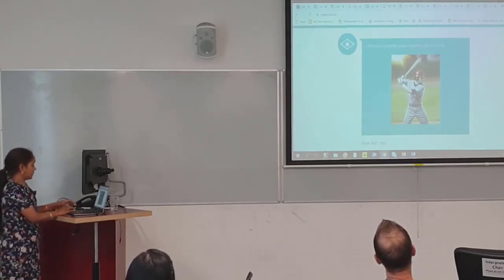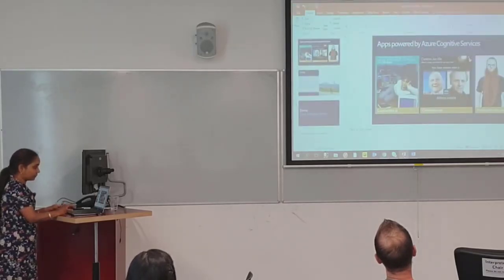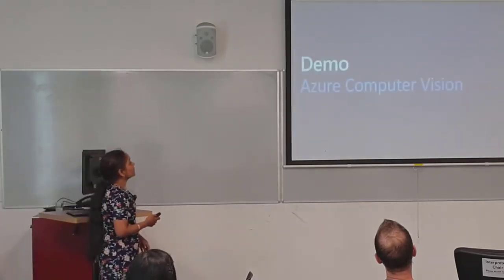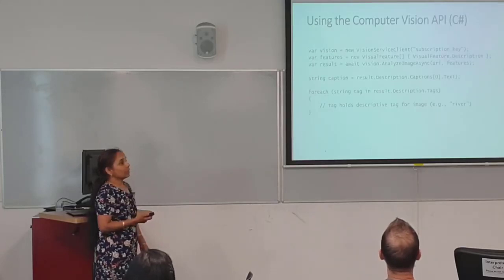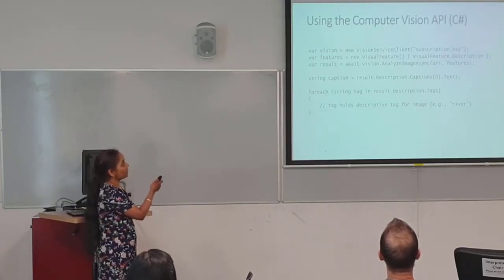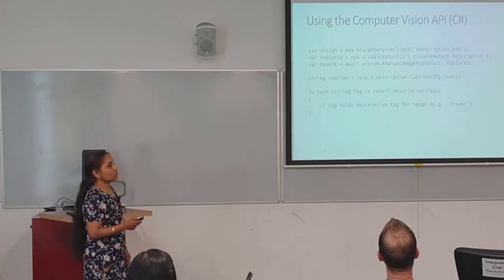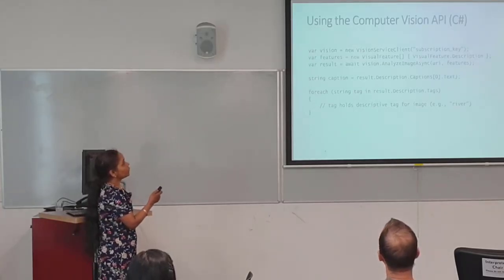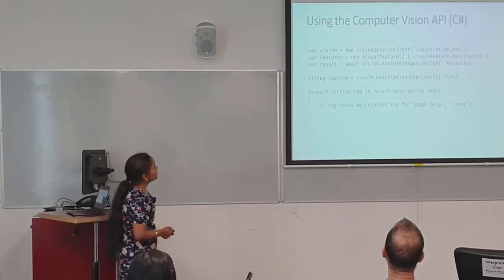So that's the computer vision API. Let's see what is in my... Okay, so how does the computer vision API get used in C#? You can use this code, and how to use this code is you create the computer vision API on portal.azure.com, and then you get some keys, and you can use those keys.